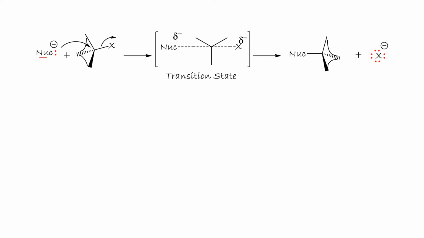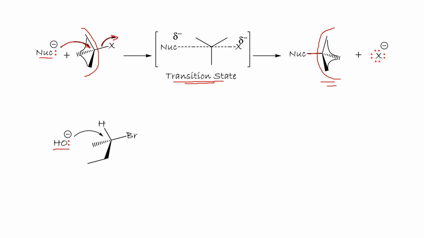Here we have the nucleophile attacking from the back, kicking the halide out. This is a transition state, and here is inversion of configuration. This is an example here. Alkyl halide, OH nucleophile, attacks from the back, kicking the Br out.